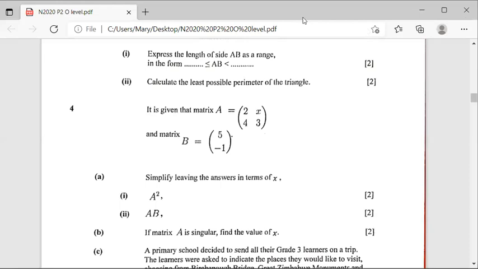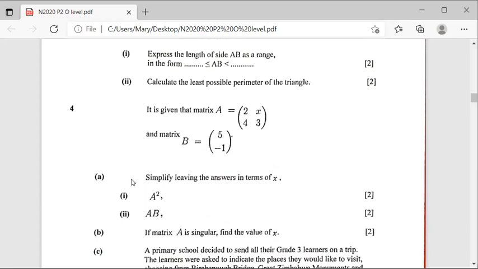Mathematics. Today we want to carry on with November 2020. We want to do question 4. What does it read? It says it is given that the matrix A is 2, 4, x, 3, and the matrix B is 5, minus 1.